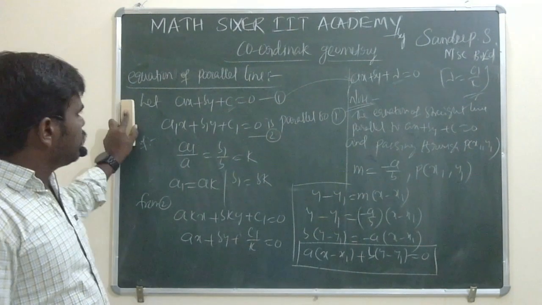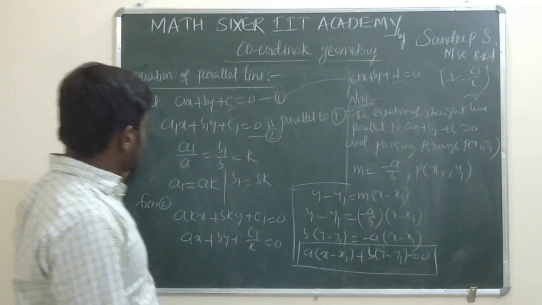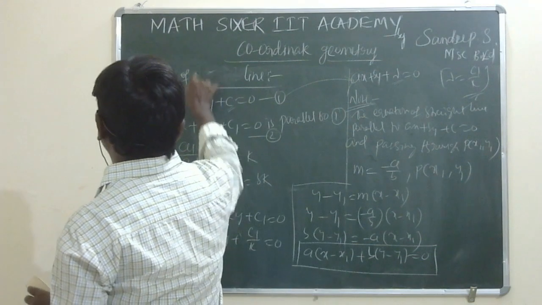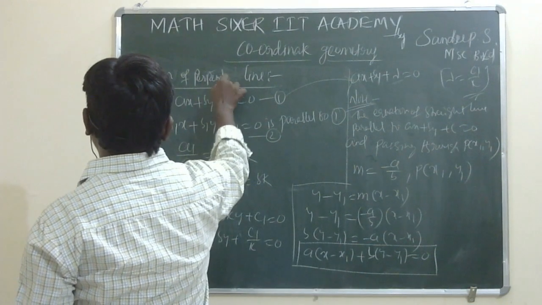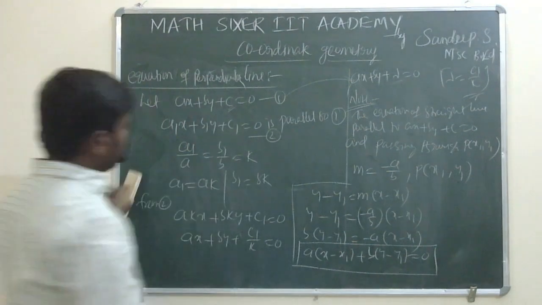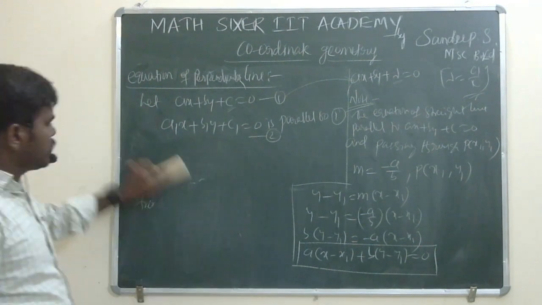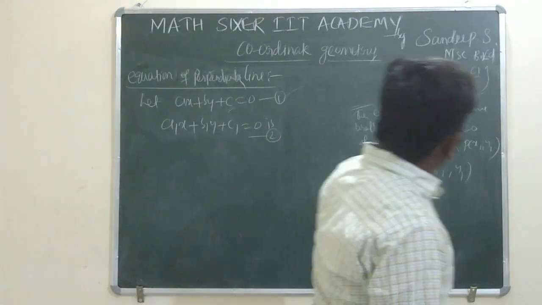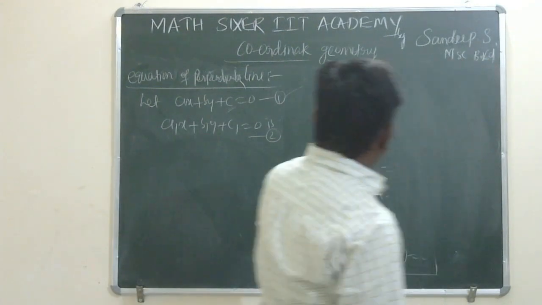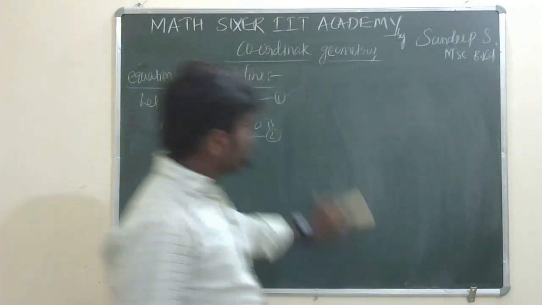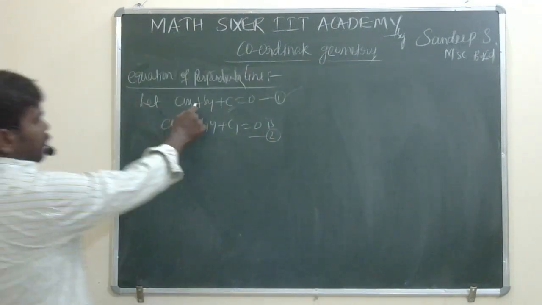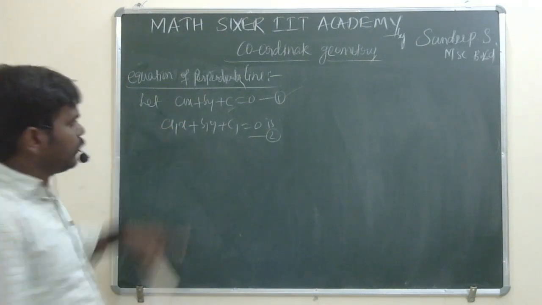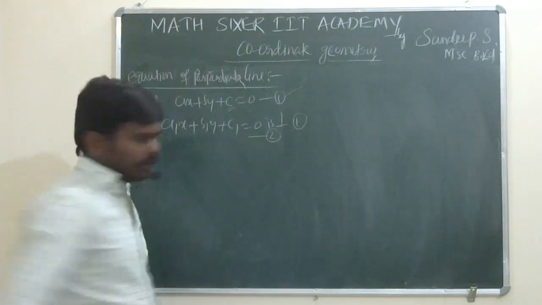Next we will see about the perpendicular. So here, perpendicular means, right, first of all I am making a straight line and I am assuming that this is the perpendicular to equation number 1.